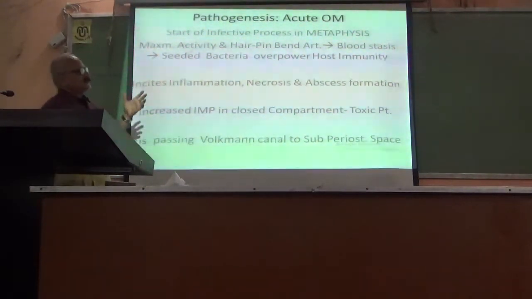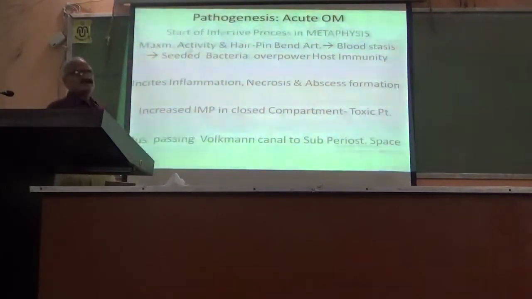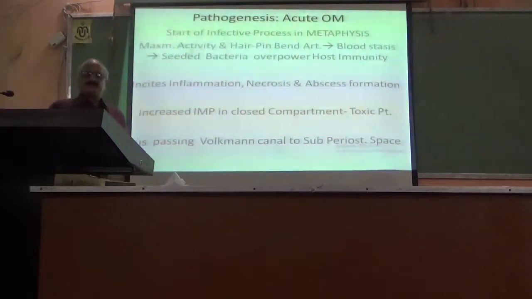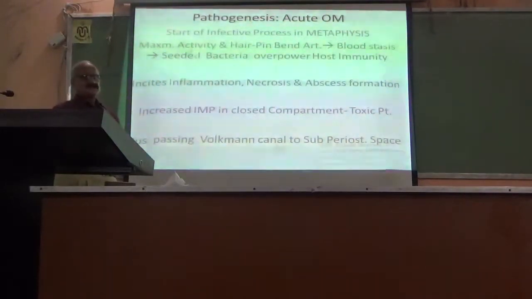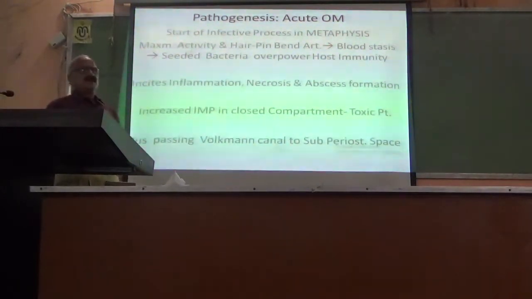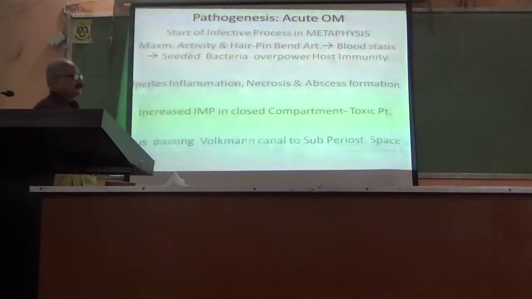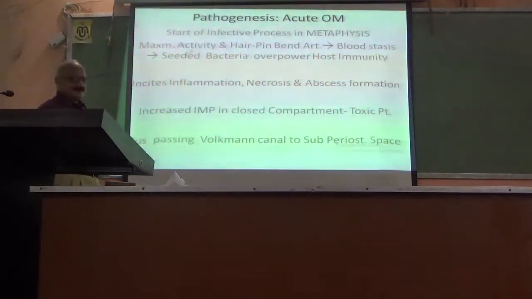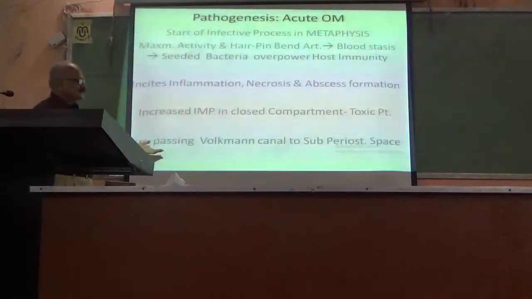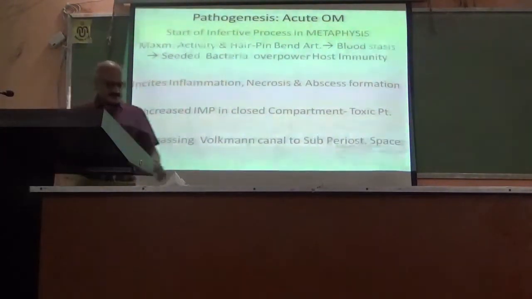The infection seeded in the metaphyseal region causes an inflammatory process and necrosis, there is pus formation, and this pus in a compact zone causes intense intramedullary pressure, and this is the stage of toxicity in the patient. And finally, the pus finds its way through the Volkmann's canals to the subperiosteal region.